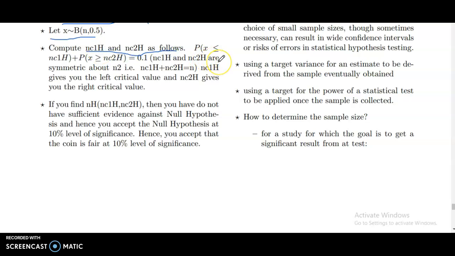P of X less than or equal to NC1H plus P of X greater than or equal to NC2H equals 0.1. NC1H and NC2H are symmetric about N/2, that is NC1H plus NC2H equals N. NC1H gives you the left critical value and NC2H gives you the right critical value.